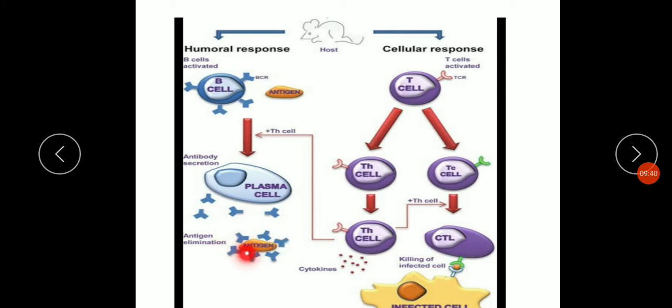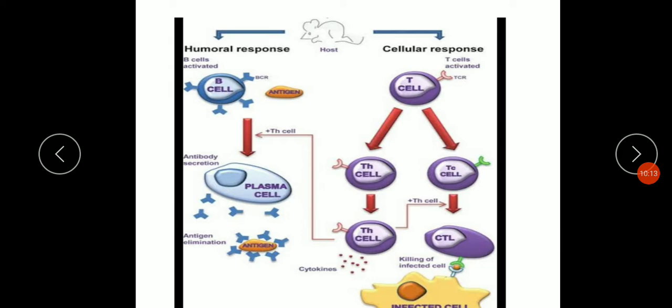So macrophages kill this antigen by phagocytosis, meaning by engulfing them. Macrophages are derived from the monocytes. Now antibodies can also act as opsonins. Opsonin means they can coat the antigen so that the antigen becomes much tastier to the macrophages, and this process is known as opsonization. So this is the humoral response.